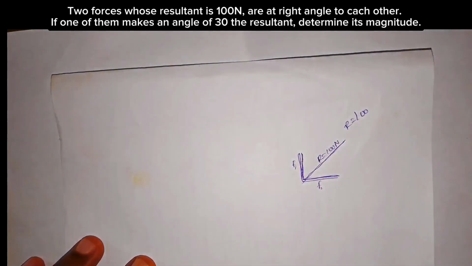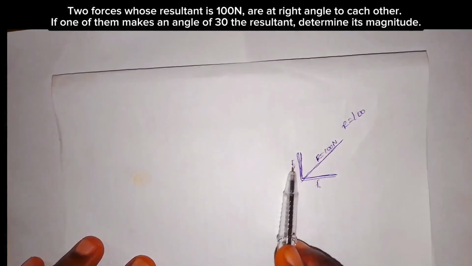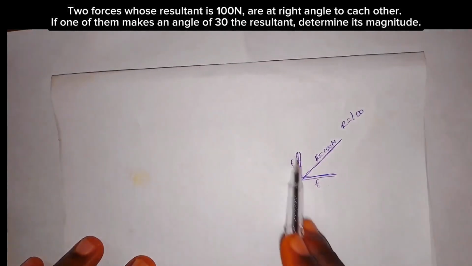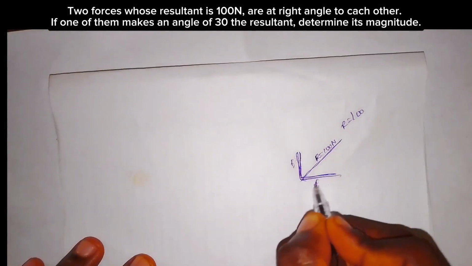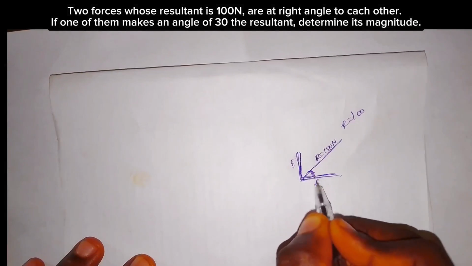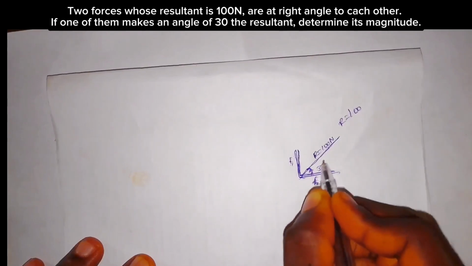Look at the question. Two forces whose resultant is 100 Newton. The two forces are perpendicular to each other. If one of them makes an angle of 30 degrees with the resultant, let's say this first one makes an angle of 30 degrees with the resultant.